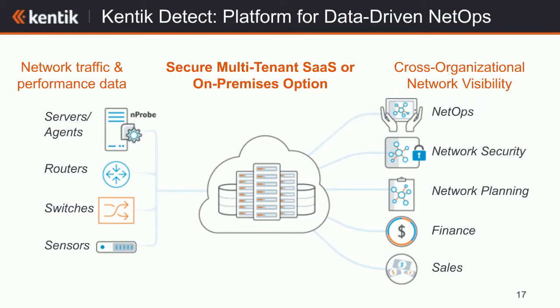We run alerting against that. We run offline analytics for certain sorts of use cases. But ultimately, then we make that information available to multiple user groups within an organization. Network operations, network security, network planning and engineering, but also some of the data that comes from our system can be used to help make financial decisions, as well as to prospect for new sales.